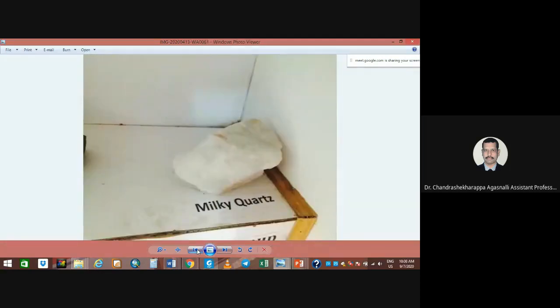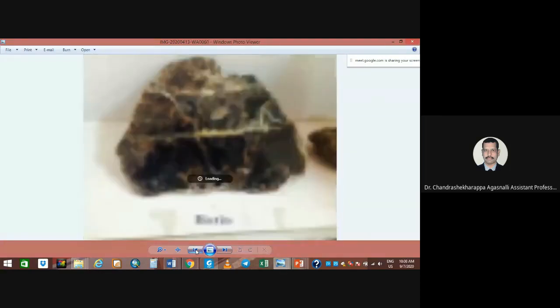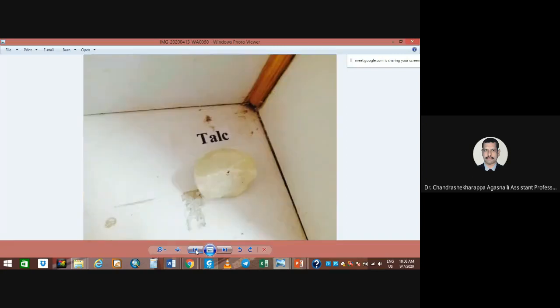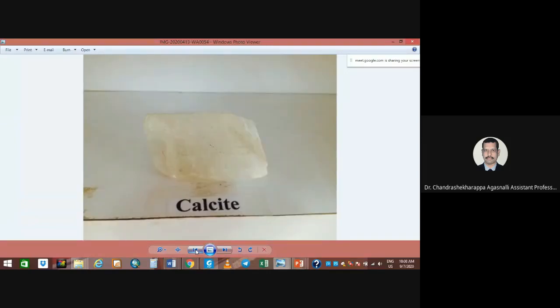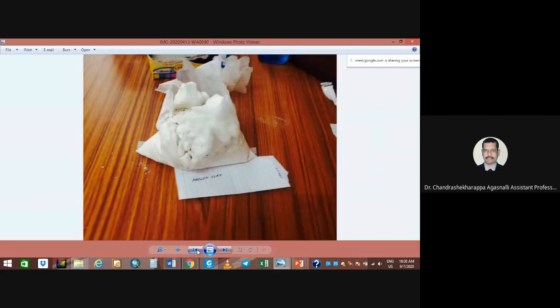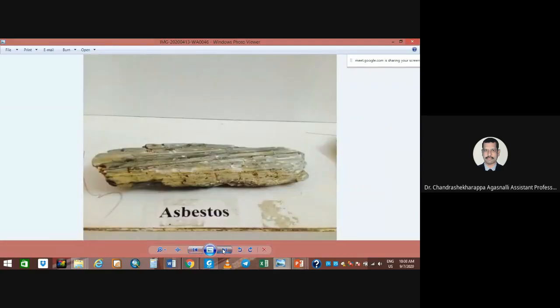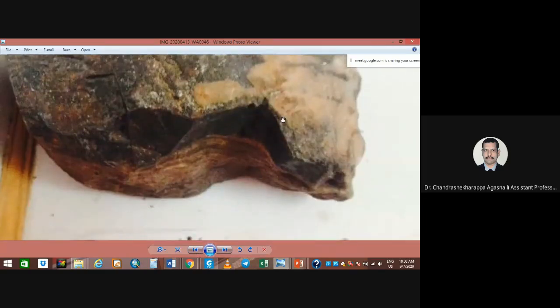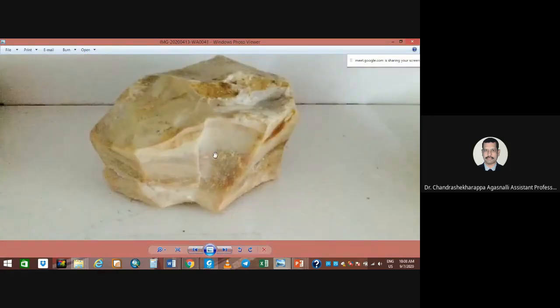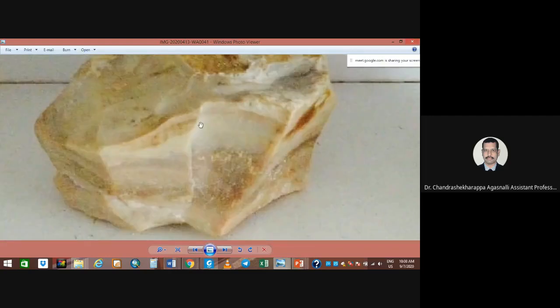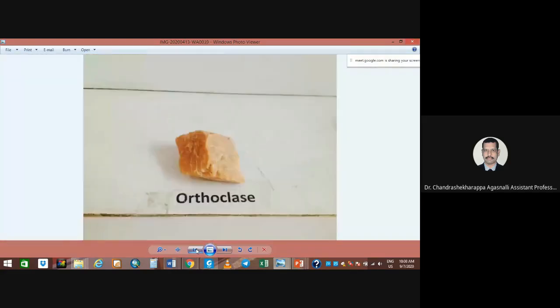Conchoidal fracture: it's just like curved lines happening when you break the mineral. Curve-like marks will be there. Say, for example, when you put a stone in a water pond, it creates waves just like rings. That is how it looks in the conchoidal fracture. So it's very difficult to see this here. I'll show you this chalcedony. Yes, here you can see this. This is also not exactly that one.